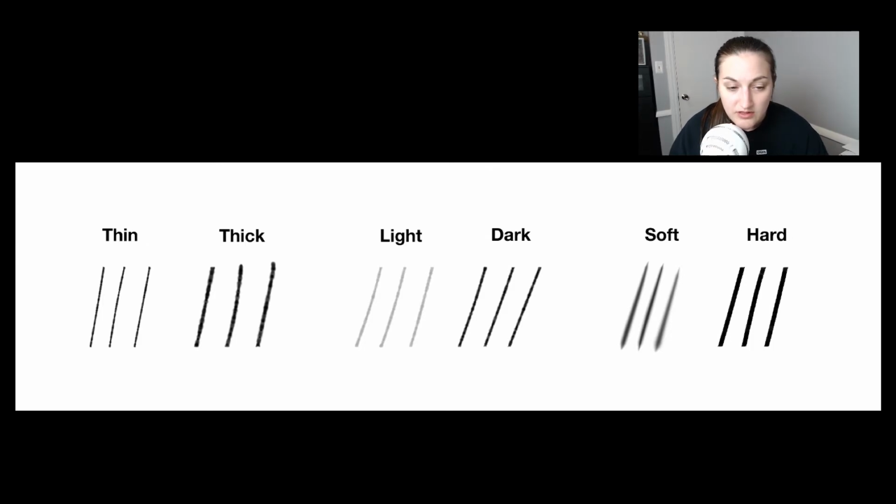Again, we have thick and thin line, and here are some examples of that. We have thick lines here, thin lines here, light and dark lines, so the value of the line, and then the texture of the line. The line doesn't have to necessarily be very hard, it can be soft.